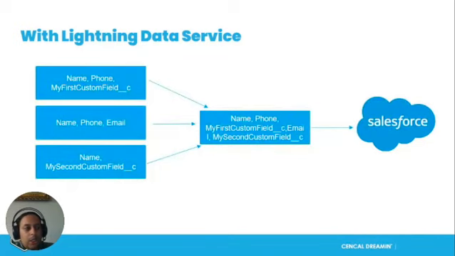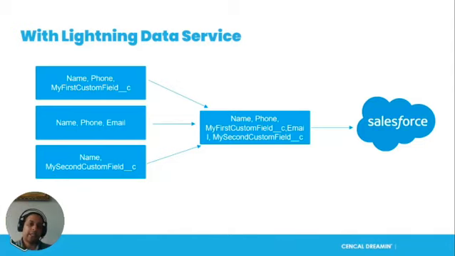Let's imagine we have three Lightning Web Components. In the first one, we have the first SOQL query, which shows us the name, the phone, and one custom field, my first custom field, for example. In our second Lightning Web Component, we want to show the name, phone, and email.